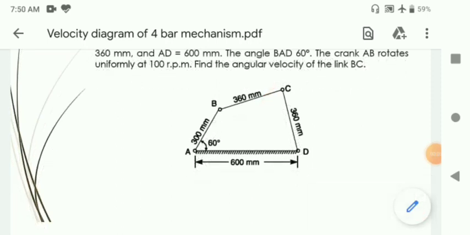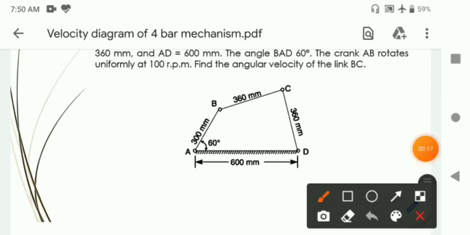Before going into the details of the problem, first we will try to understand the type of motion of each link in the 4-bar mechanism. We know that in a 4-bar mechanism, link AD is the fixed link. Link AB, which is the crank or the driving link, has a rotational motion.